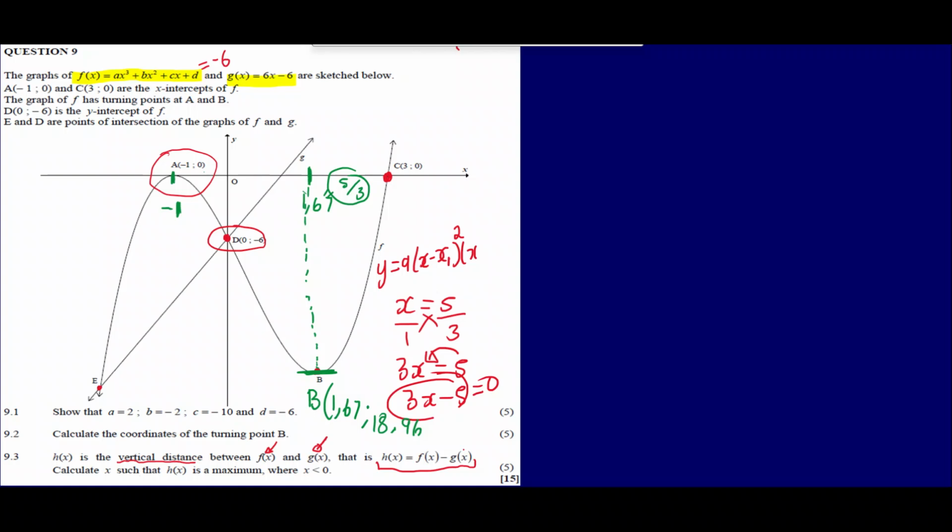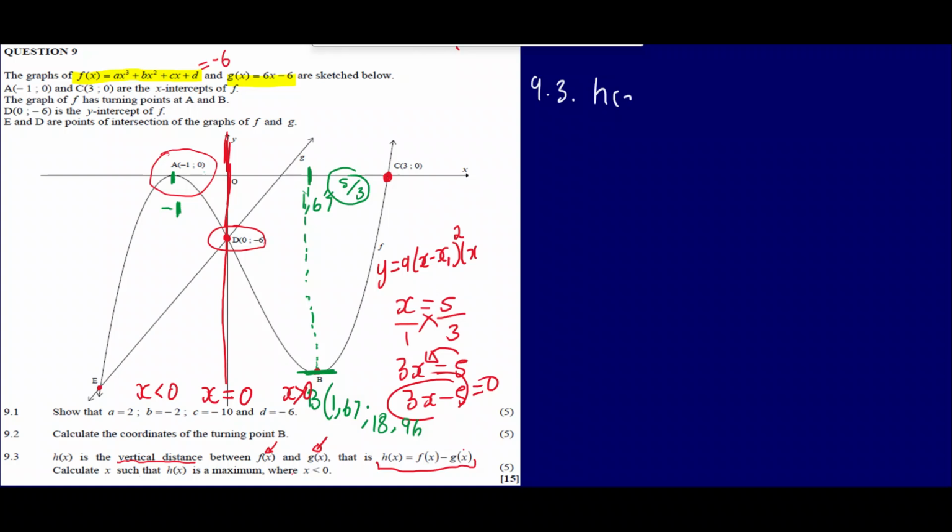But here, what exactly are we trying to do? We need to calculate the x value such that h of x is at maximum, where x is less than 0. So where x is less than 0, this is where x is equal to 0. If x is less than 0, it's this portion, and x is greater than 0, it's the portion on the right.